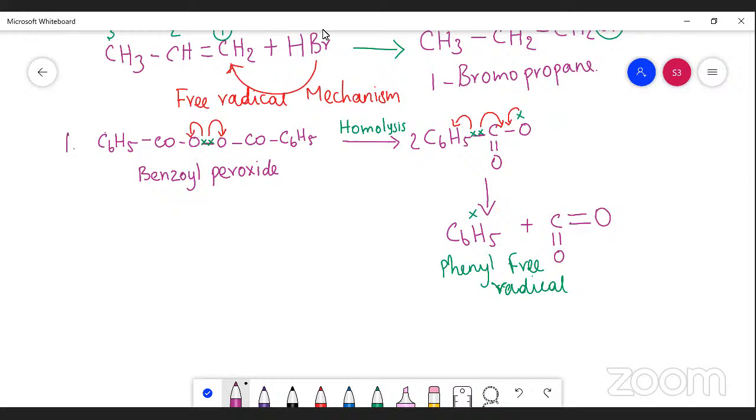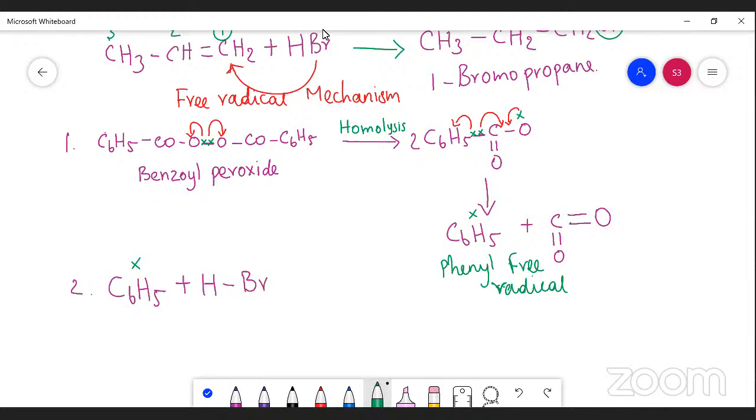Now, in the second step, we have the phenyl free radical, C6H5 with one electron. This phenyl free radical is reacted with HBr, the H-Br bond.